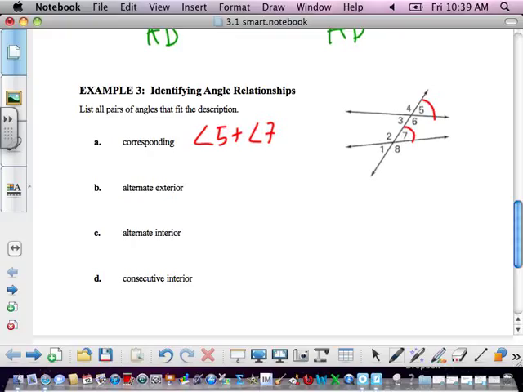Can somebody name another one? 1 and, not 4, but 3. They have to both be on top or both be on the bottom. There's more. What about 4? What does 4 go as for corresponding? 2. And one more. 6 and 8.